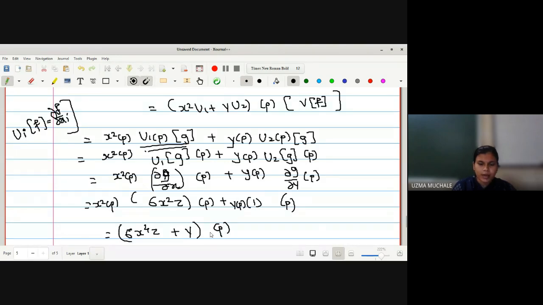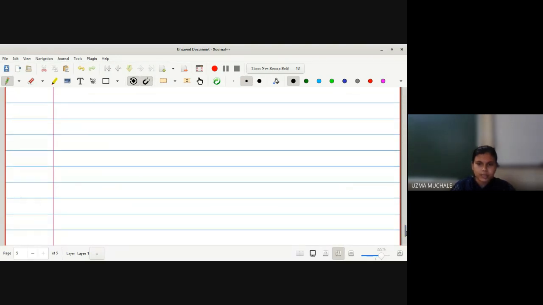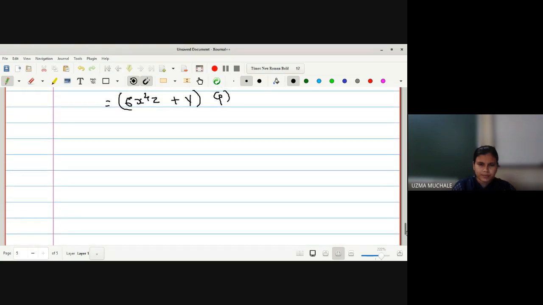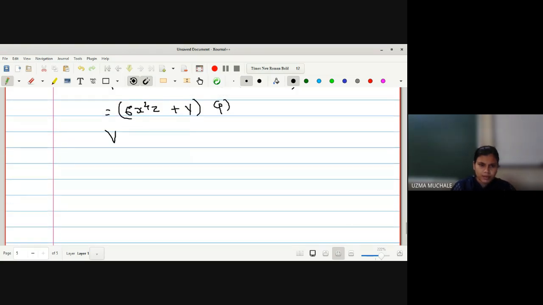And hence, you get the value of VF, that is, 2 times we have found the directional derivative, that is 6x raised to 4 into z plus y. Okay. Those who want to do it with the help of the formula, you can do it, you will get the same answer.